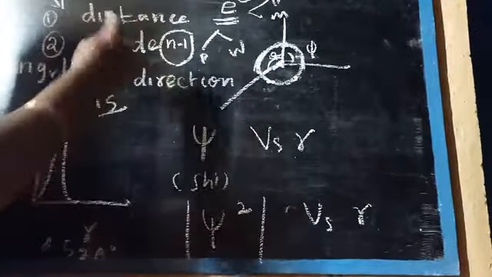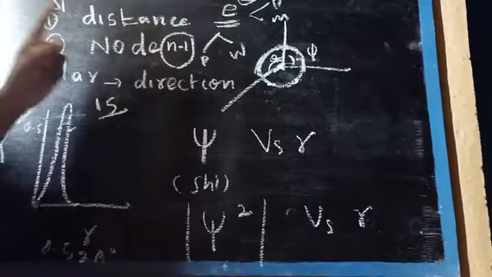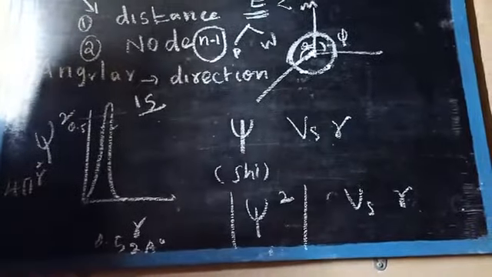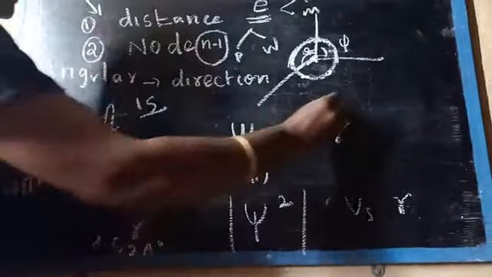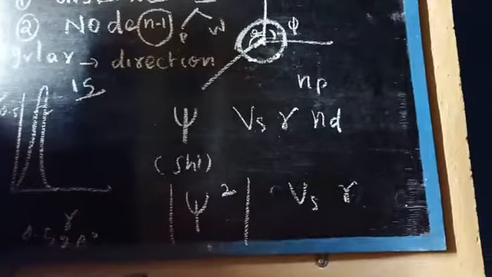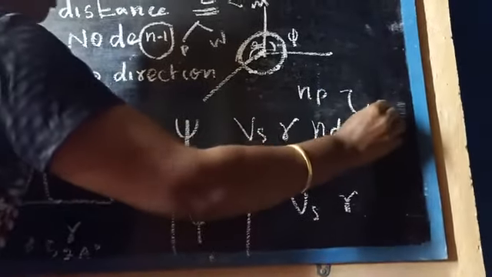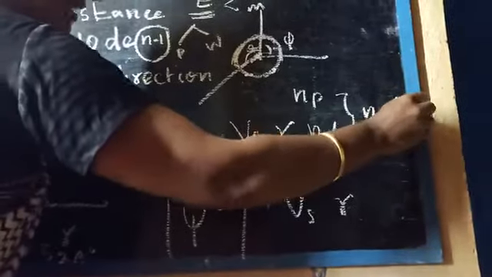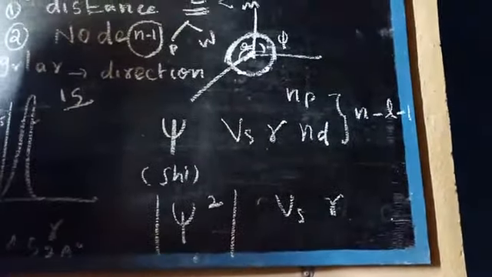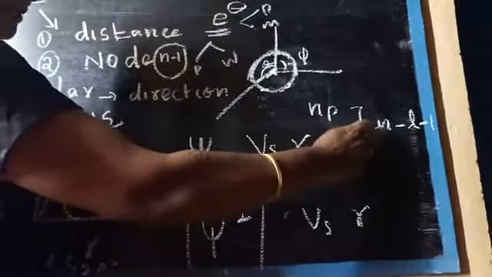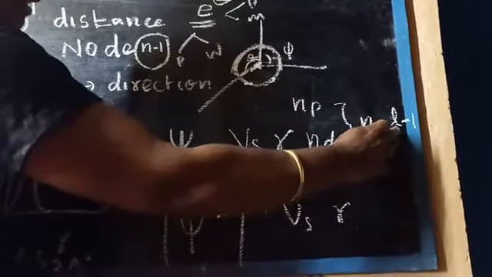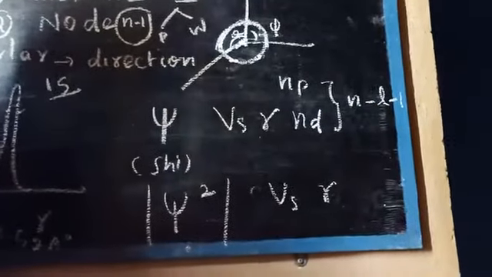This is the node calculation formula for ns orbitals only. For np as well as nd orbitals, the formula is n minus l minus 1. This is the radial node calculation: n is the principal quantum number, and l is the azimuthal quantum number.